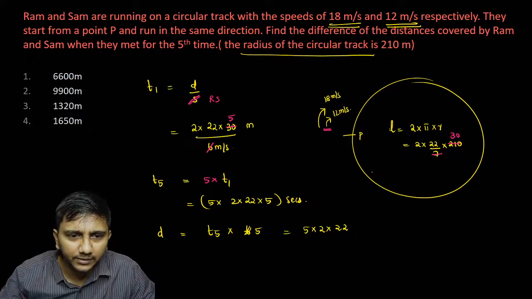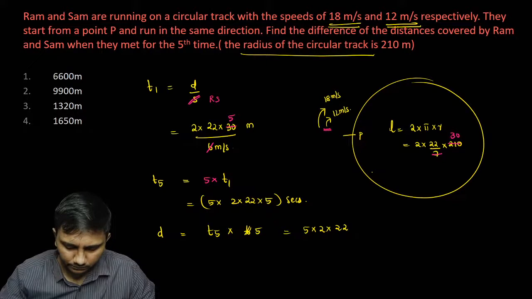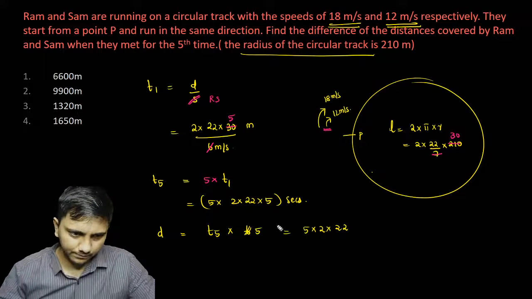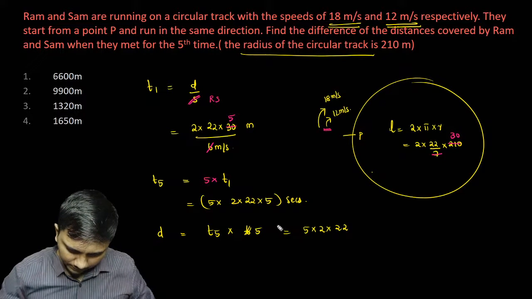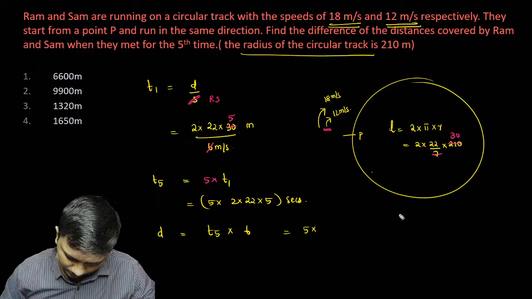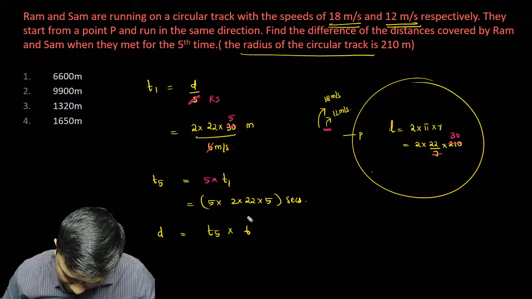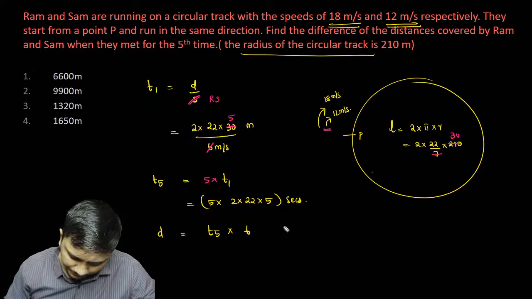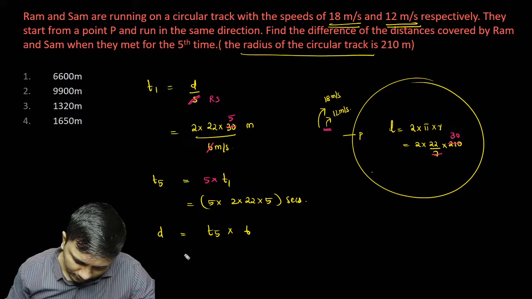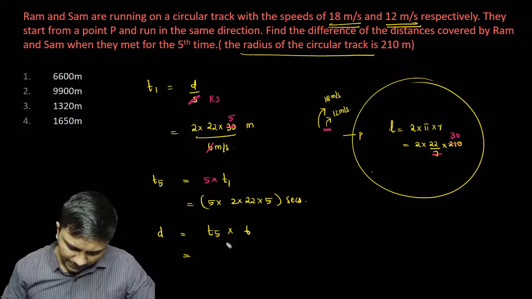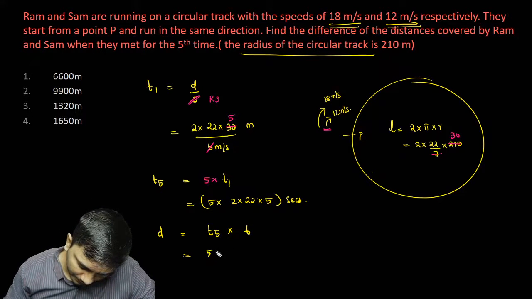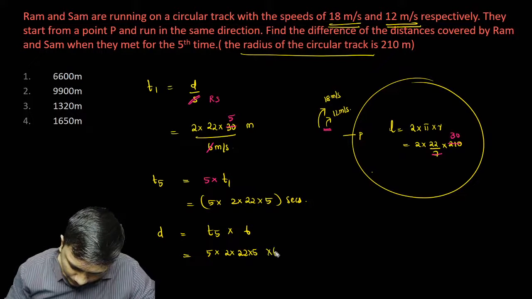Okay, just give me a minute. Let me just go back a little. Okay, we have to take T5 into 6. So let's solve this one. It's going to be T5, which is 5 into 2 into 22 into 5 into 6.